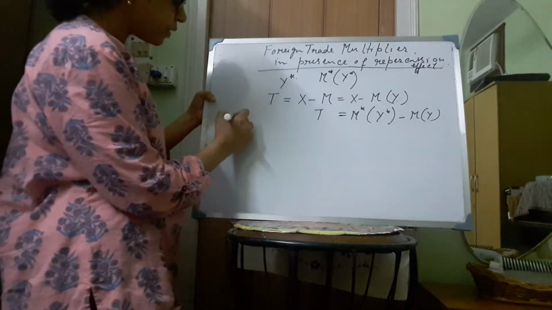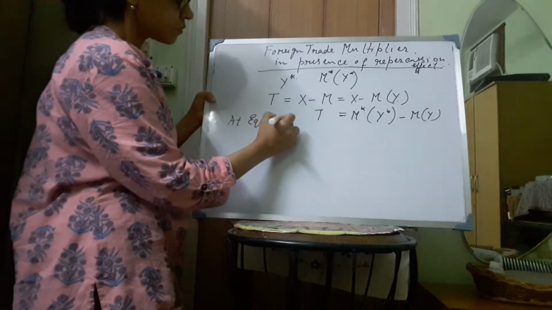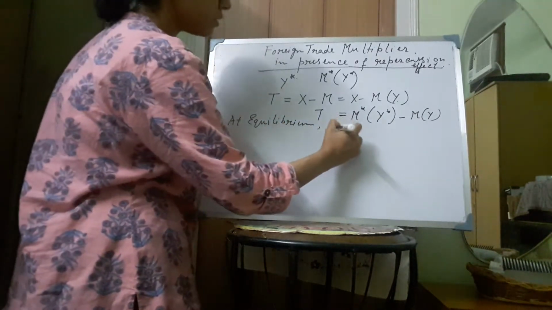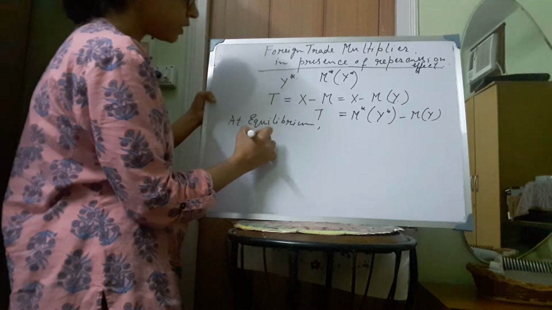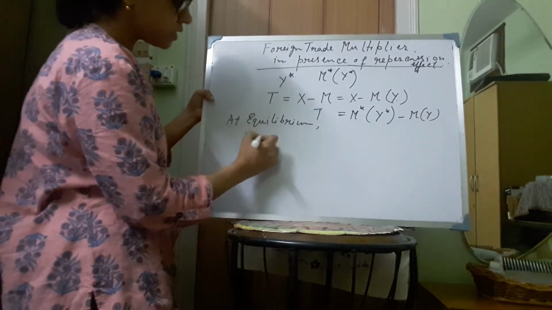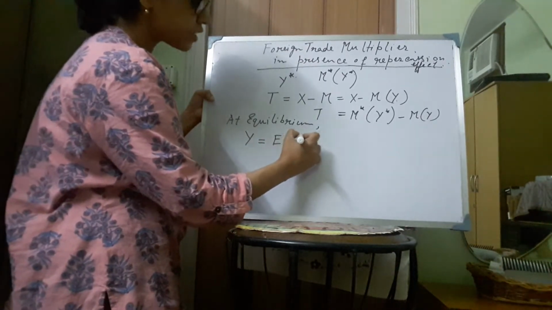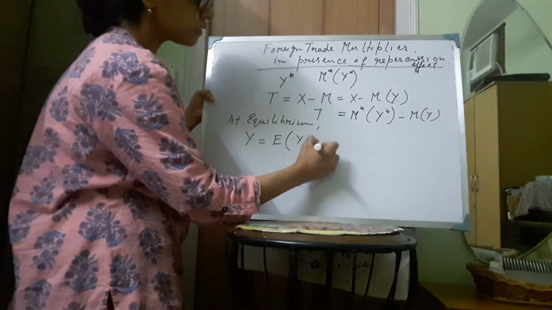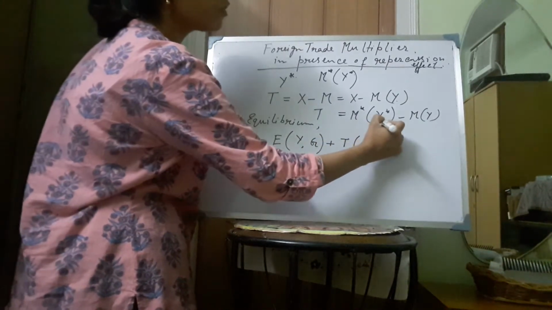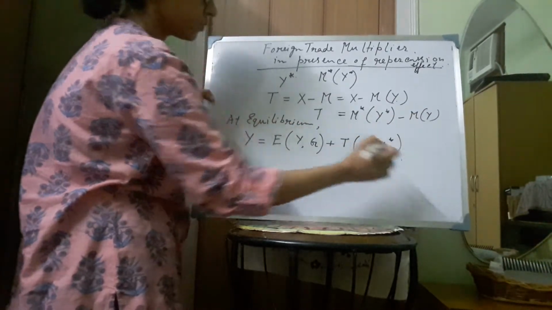Now at equilibrium, first we are considering the domestic country. So at equilibrium in the domestic economy, Y is equal to E, which is a function of Y and G, plus trade balance, which is a function of Y and Y star.